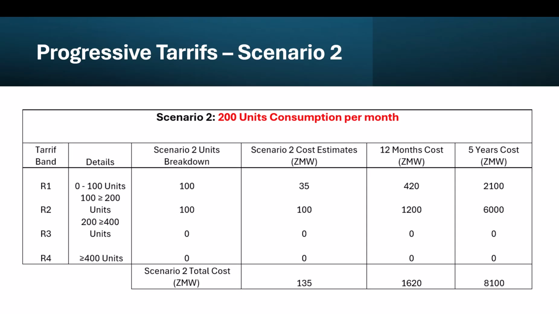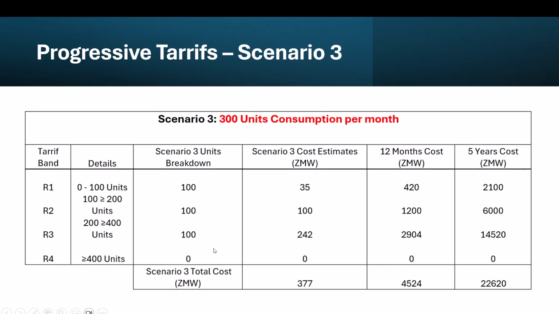When we go to 200 units, the first 100 units are in band 1 and the second 100 units are in band 2. So the cost per month becomes approximately 135 Zambian kwacha, 1,620 for 12 months, and 8,100 covering the cost of 5 years, assuming these same bands continue throughout.